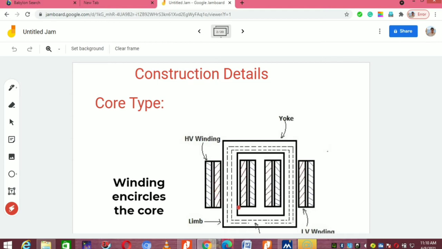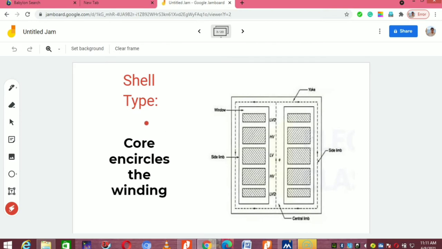Next we'll discuss the shell type transformer. So see the shell type transformer. In the shell type transformer, the windings are put around the central limb as shown.